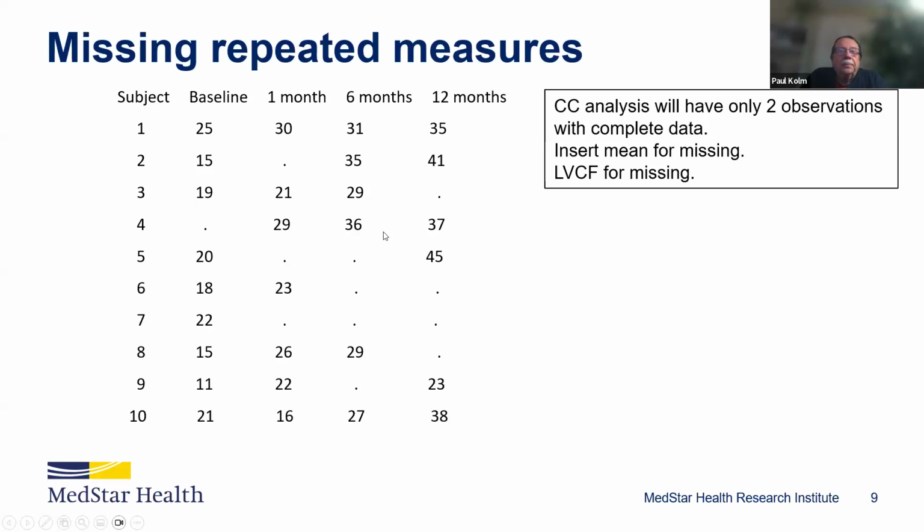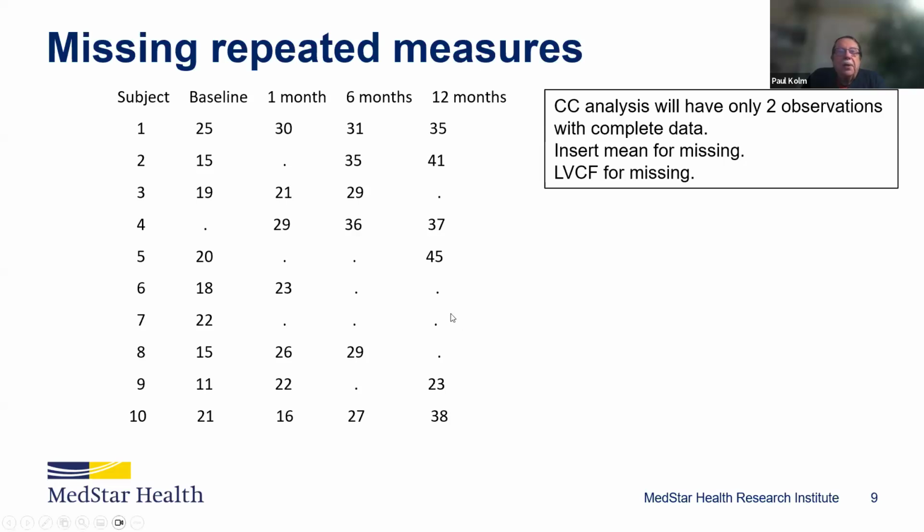There's a couple here, say for example, patient number 3, where at 12 months, they don't have any data. So to replace this value with the mean at 12 months is a little risky, because it's very possible, if you have data like this, that this value is not missing at random.